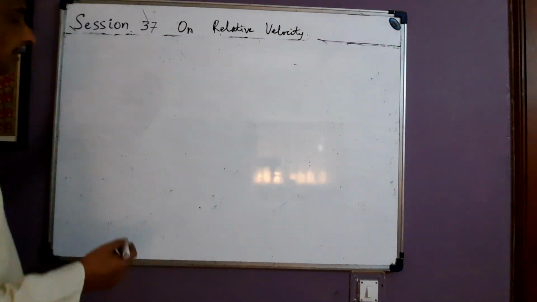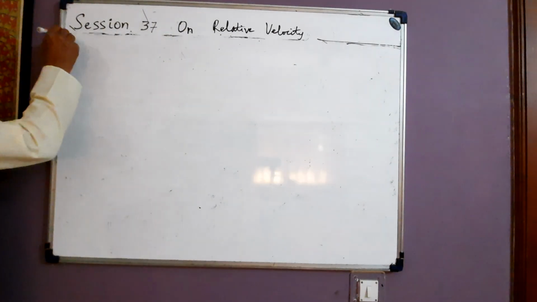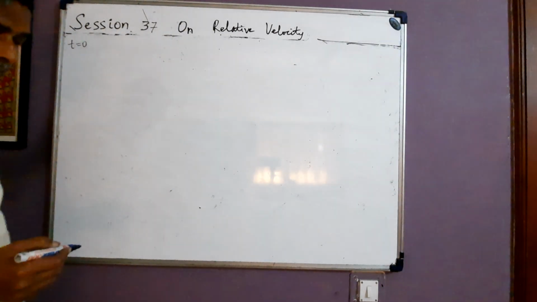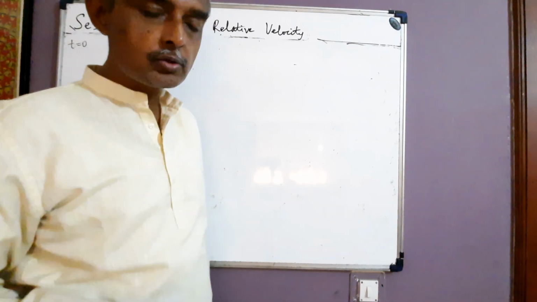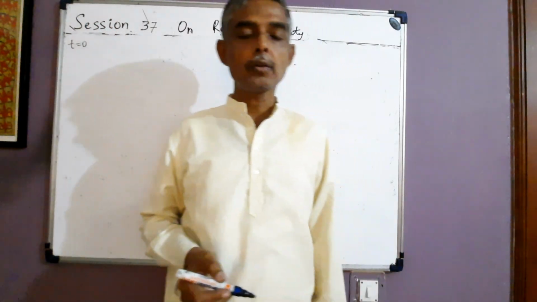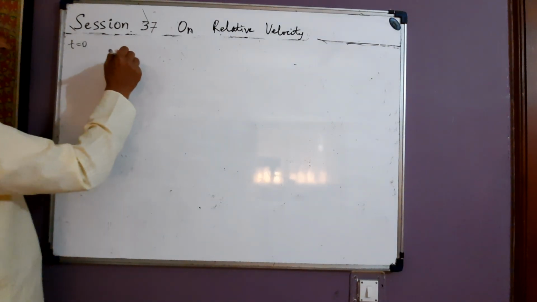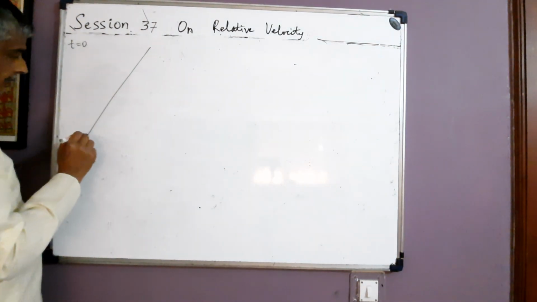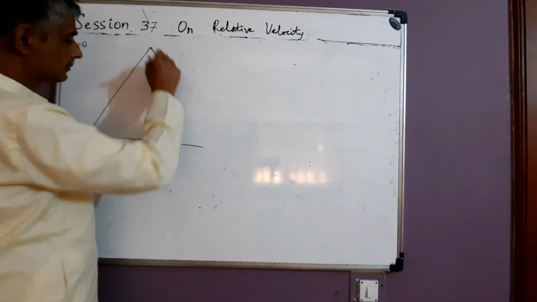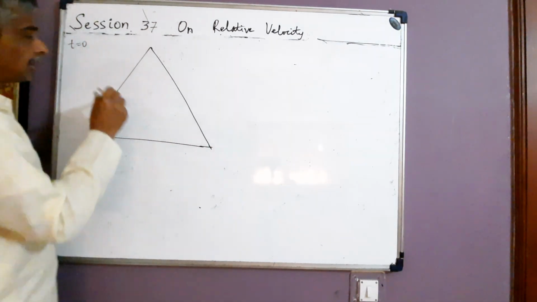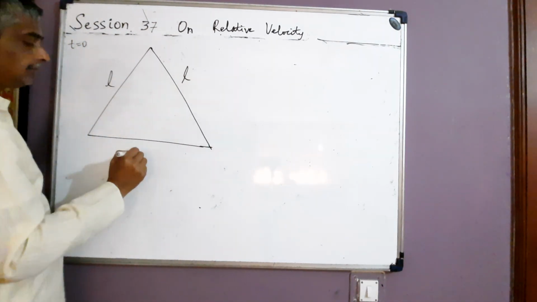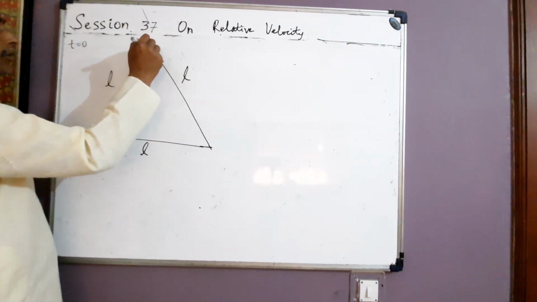Okay. Initial diagram. So at time 0, these 3 points are situated at the vertices of an equilateral triangle of side length L. So at time 0, the diagram will be something like this. This is the equilateral triangle of side length L. This is point P1.